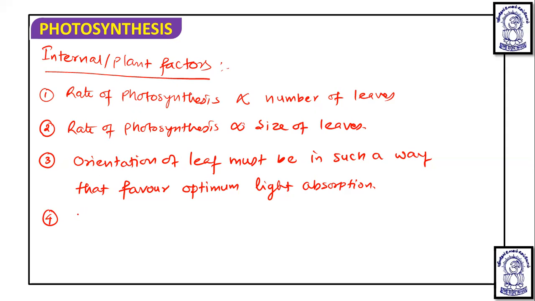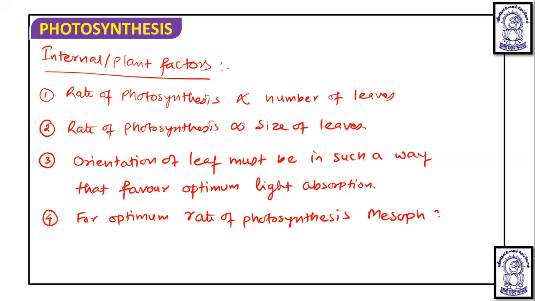The fourth factor is mesophyll cell. For optimum rate of photosynthesis, mesophyll should be well developed.